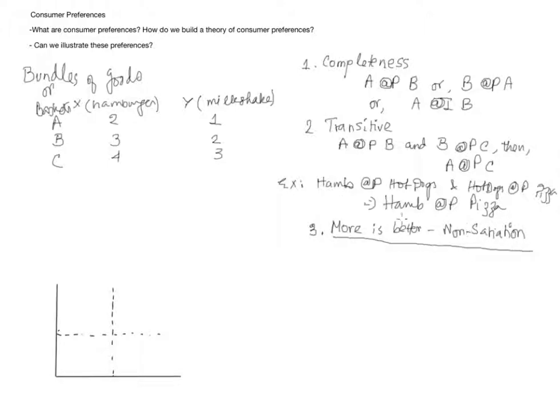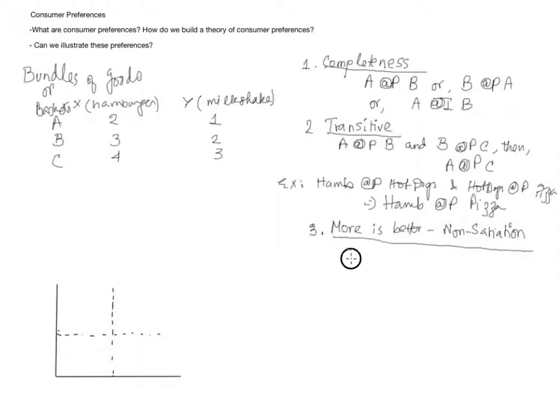The consumer is always better off with more quantity of the good. Which means in our case, if you look at the table that we have here, bundle A would always be preferred to B. I'm sorry, let's get rid of that.